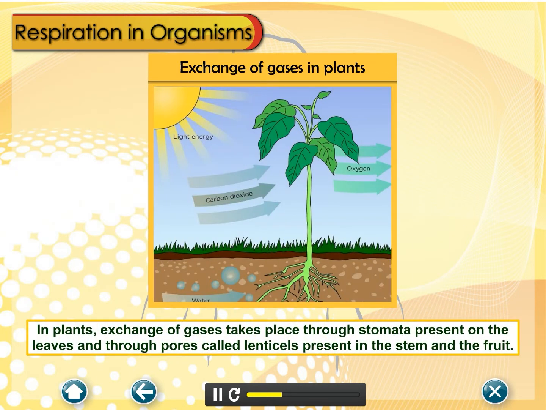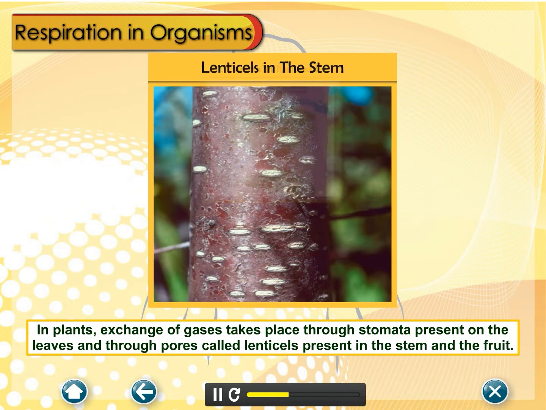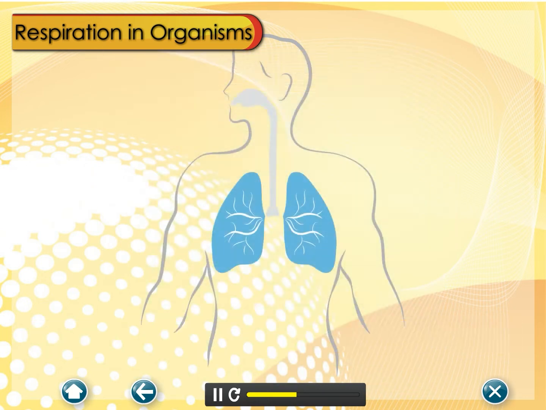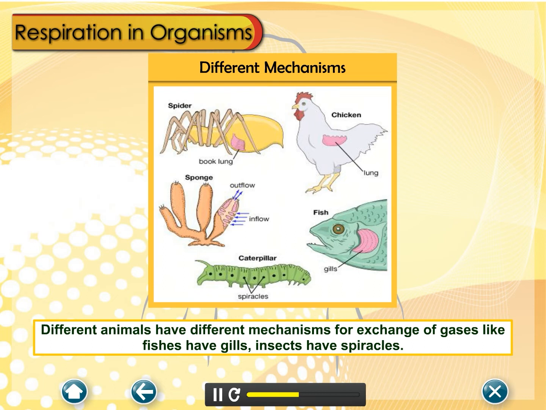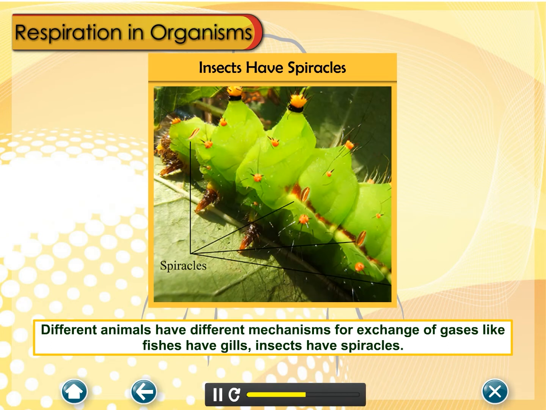In plants, exchange of gases takes place through stomata present on the leaves and through pores called lenticels present in the stem and the fruit. Different animals have different mechanisms for exchange of gases. Like fishes have gills, insects have spiracles.